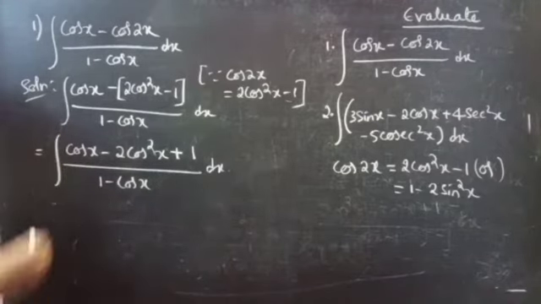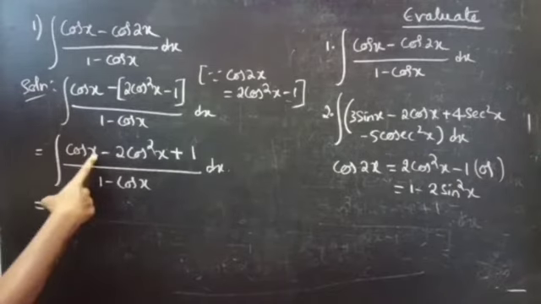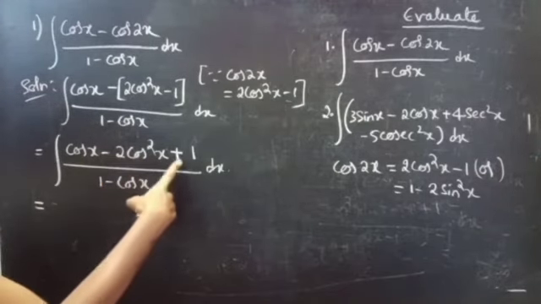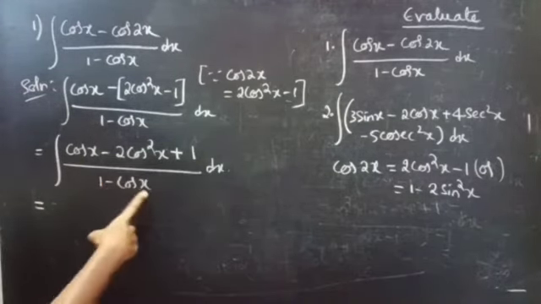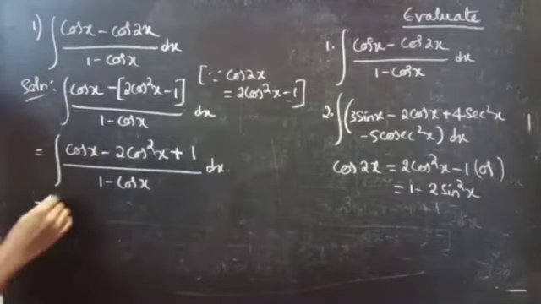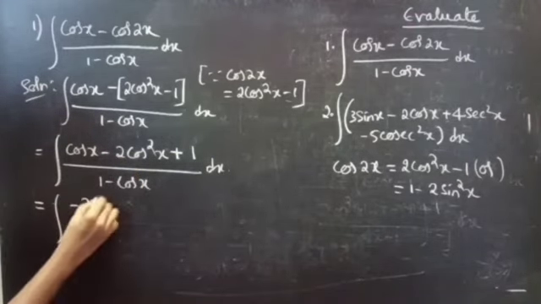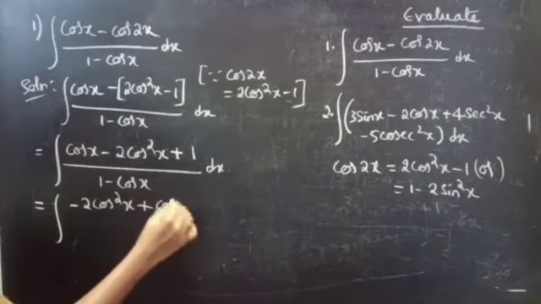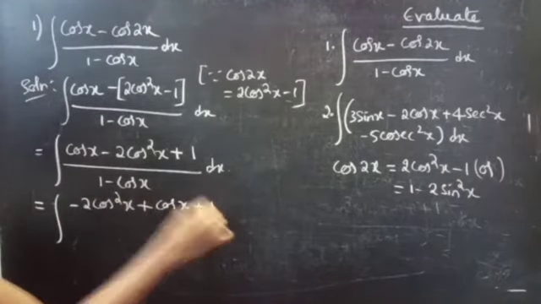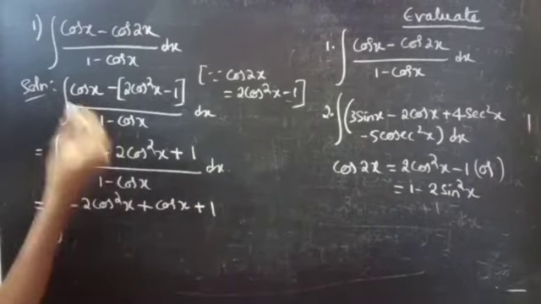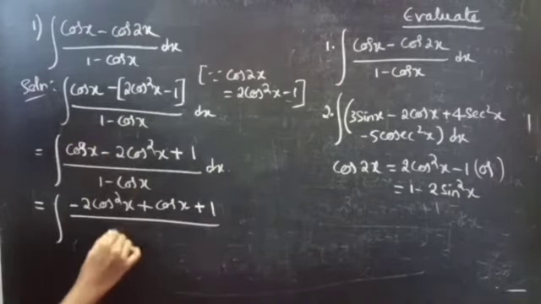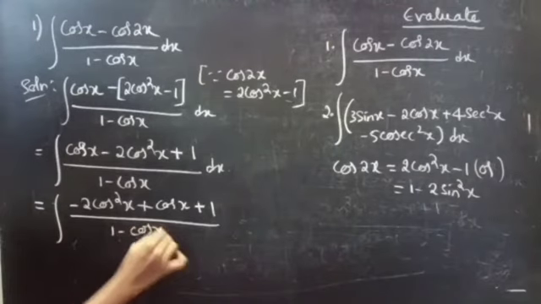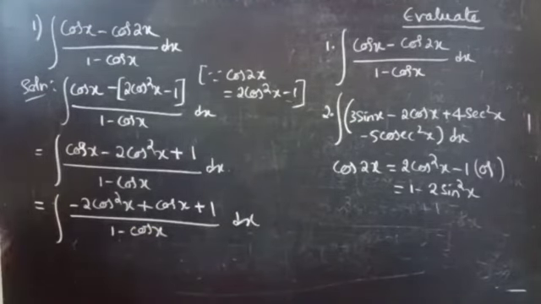So I could write it as minus 2 cos square x plus cos x plus 1, by 1 minus cos x into dx. This is cos, not cot, okay?